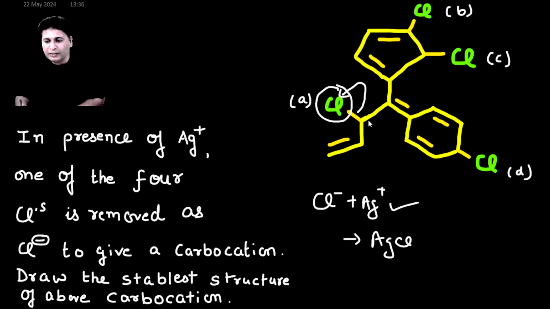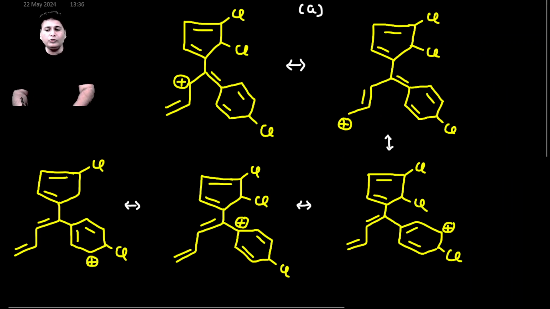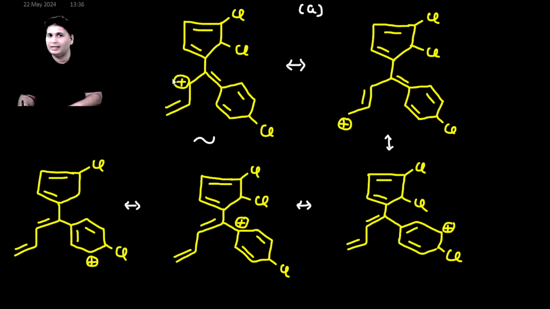Now what happens with this carbon? This carbon will be left with the positive charge, and that is the carbocation. So you can see I have made this carbocation after removing the Cl number A. Now we have to see whether this carbocation is stable or less stable or more stable.